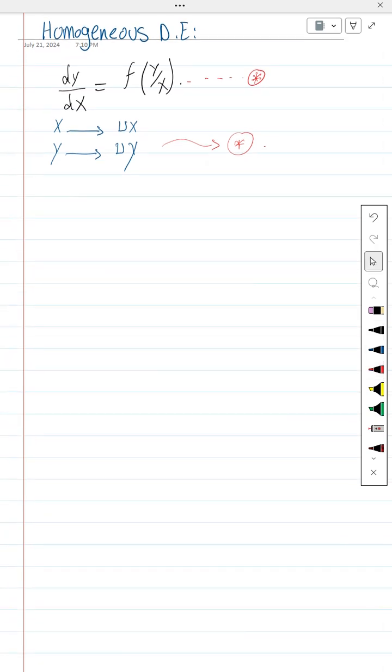So this is a homogeneous differential equation, and it has a classic method to solve it. Let's see some examples to make things clear.